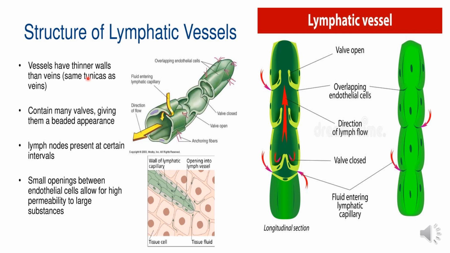So the structure of a lymphatic vessel is similar to that of a vein, but it is thin walled. It has many valves, which give it a beaded appearance. Lymph nodes are present at certain intervals.